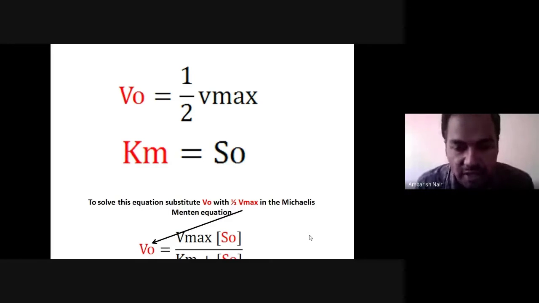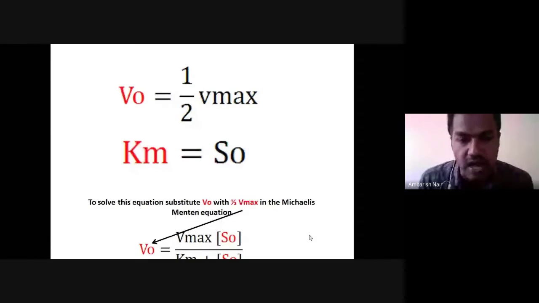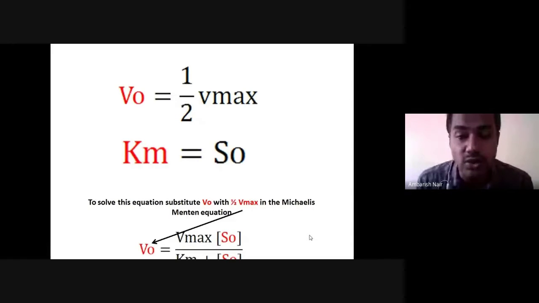Don't touch the remaining things, V max or S naught or Km. Only substitute V naught with half V max, and derive and show me Km will become S naught.